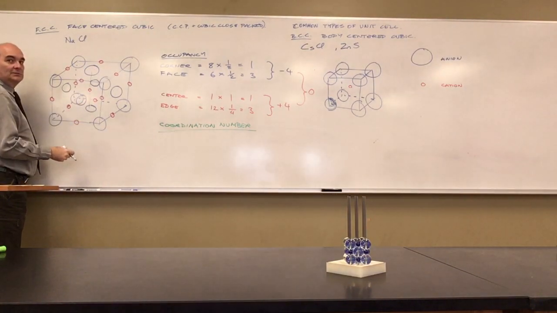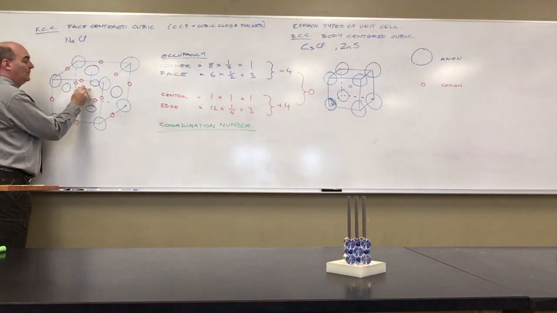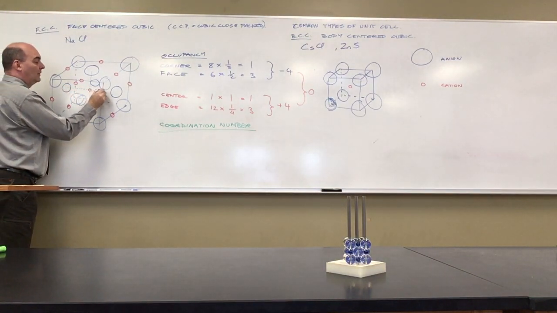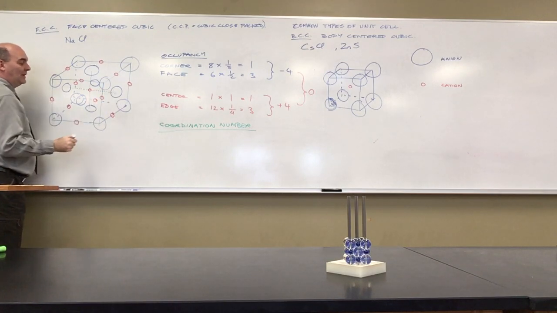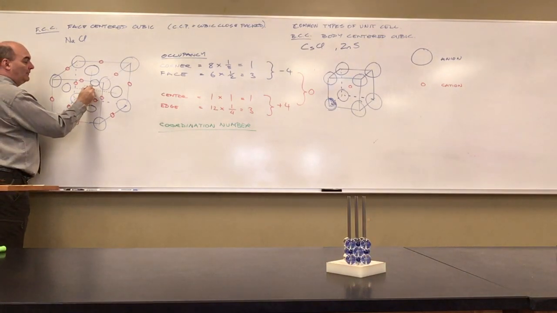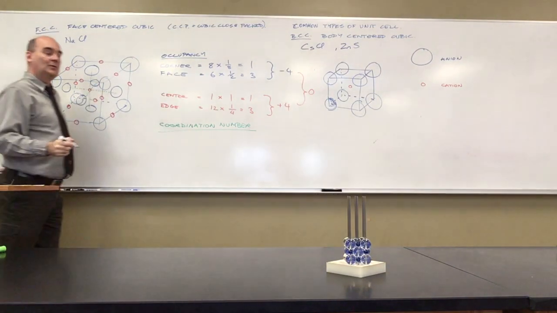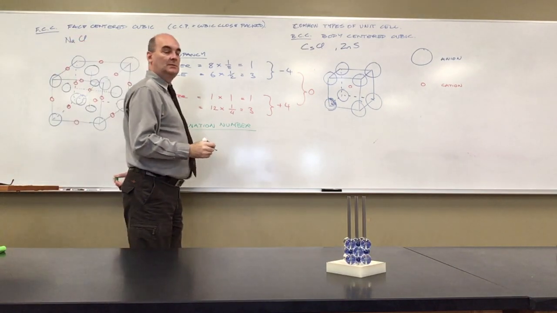What else? Left and right. To be a cube, these distances all have to be the same. And then front and back. What's its coordination number? 6.